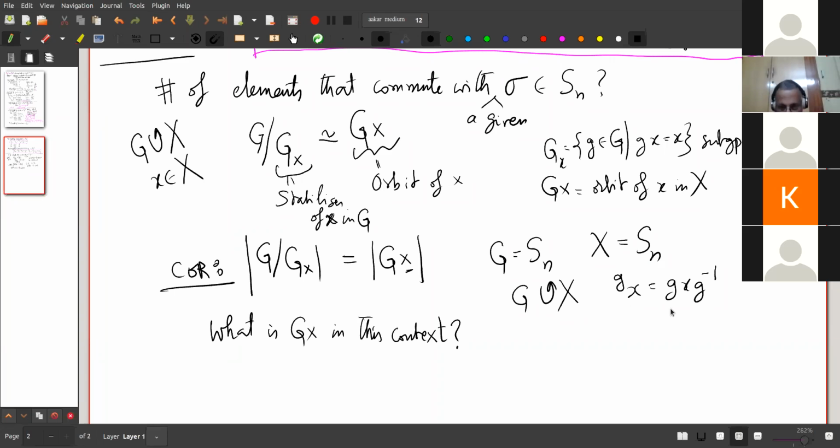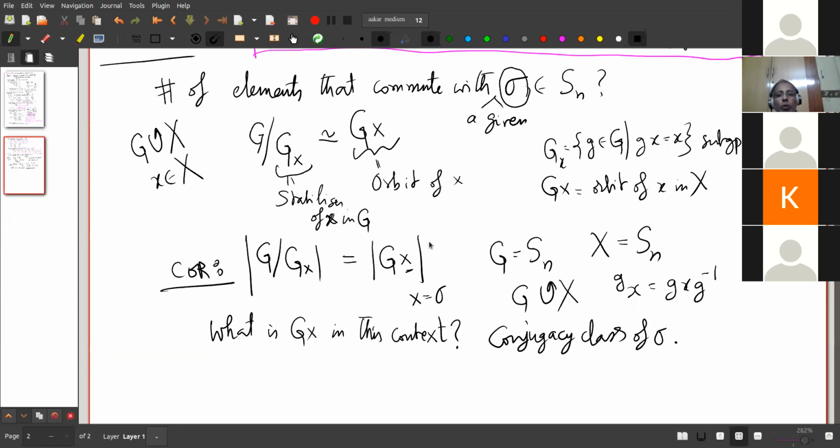Conjugates of X. So the orbit, let's be a little more precise, is precisely the conjugacy class of X. For more clarity, let's put this X equal to sigma. So the orbit is the conjugacy class of sigma.